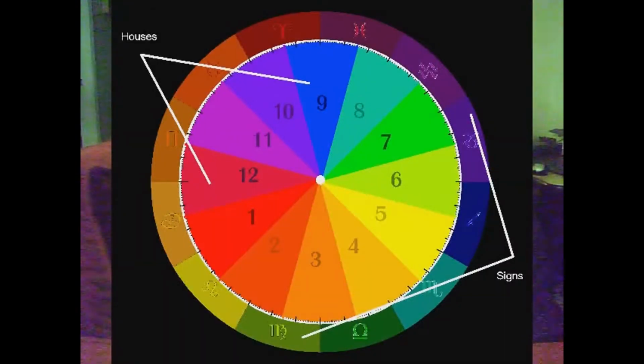The chart can also be divided again into 12 parts besides the zodiac signs, and these parts are referred to as houses. Opinions are differing, but in my findings, the houses can be just as important, or sometimes even more so than the signs.